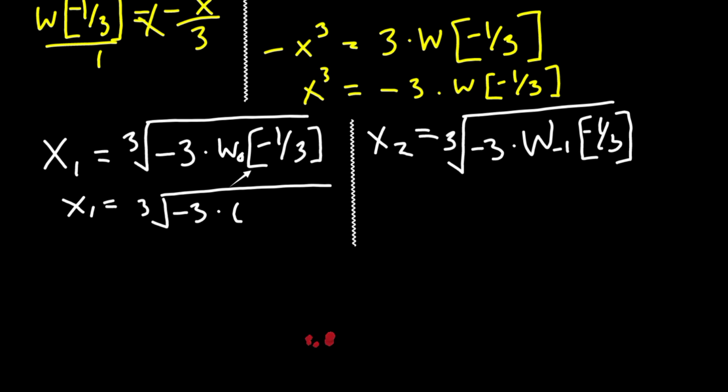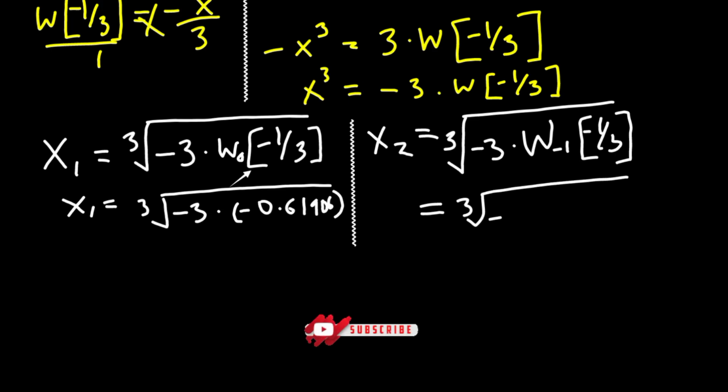That's approximately equal to minus 0.61906. And then for the x2, when we use the Wolfram Alpha, that's the lower branch, we're going to get the W function of minus 1 over 3 to give us minus 1.5121.